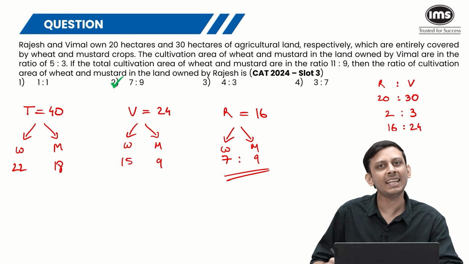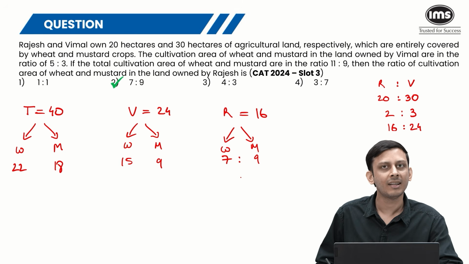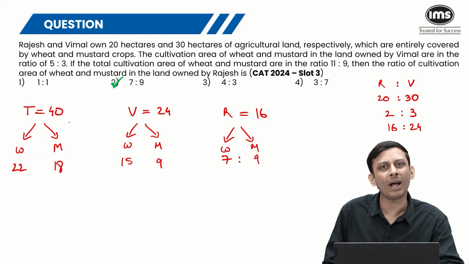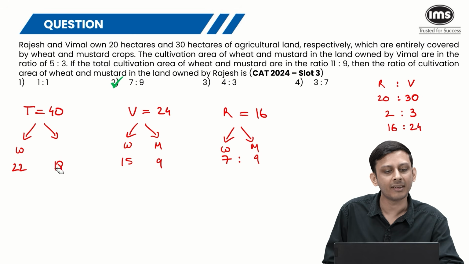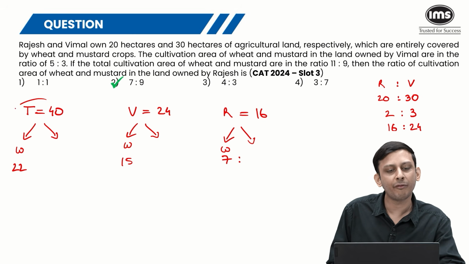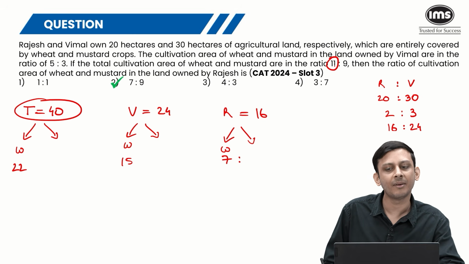And here we could have been even faster. We could have thought that ultimately we can just focus on one crop. We can either focus on wheat or mustard. For example here, if I had just looked at the wheat, out of total 40, if I had just calculated 11 into 2, 22.